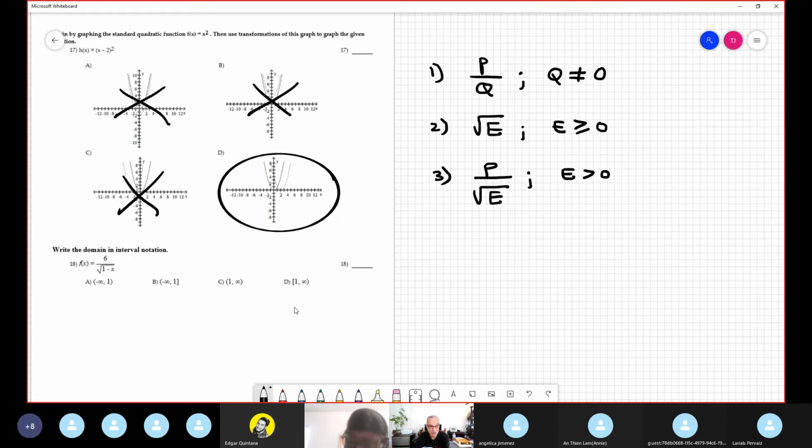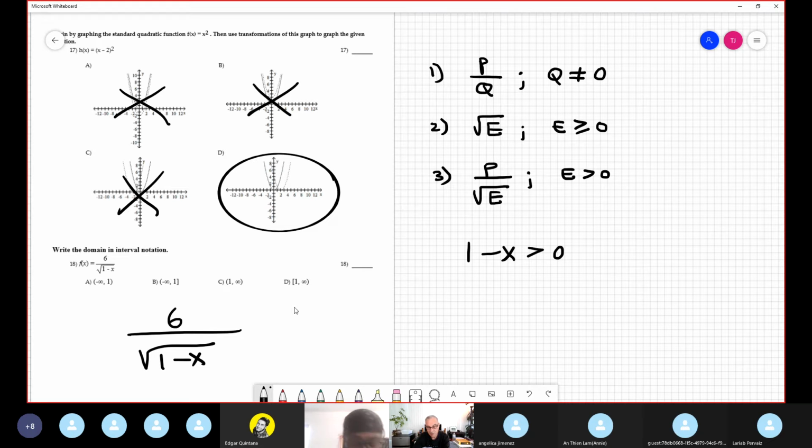Actually, you take this expression, which is 6 over square root of 1 minus x, and you take the expression inside the square root in the bottom, which is 1 minus x alone, and you enforce it to be greater than 0. And this is the inequality I need to solve.